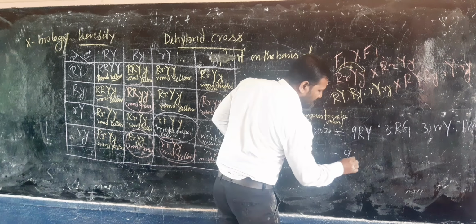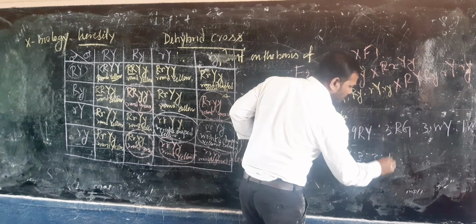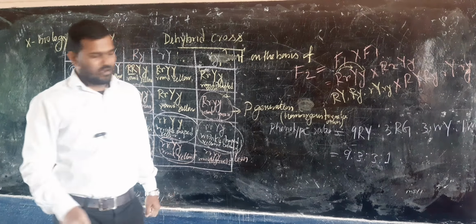Now the phenotype ratio will be 9:3:3:1.